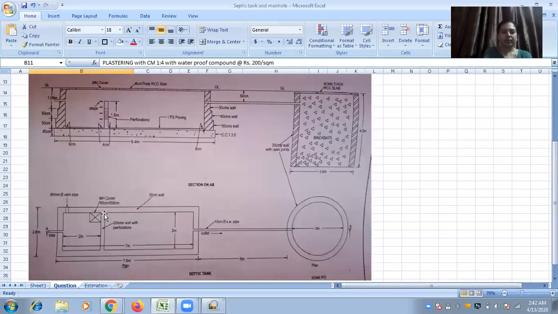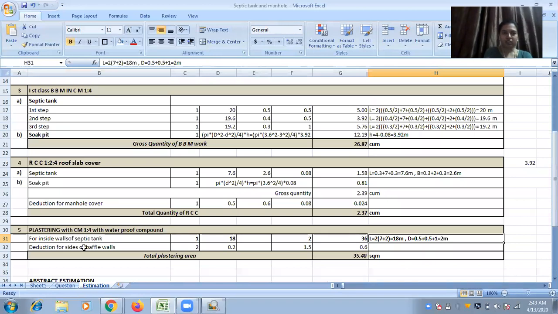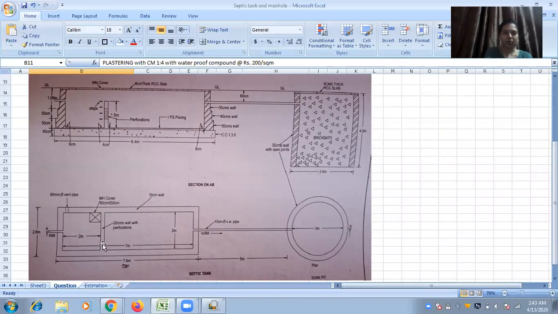And another thing is, in between this wall, there is a perforation wall. So in this space and this space, plastering is not required. That means you have to deduct these two places. Its thickness is 20 centimeter. That means in the length, you have to deduct 0.2, 0.2 here. That means deduction for sides of baffle wall. This is a baffle wall.